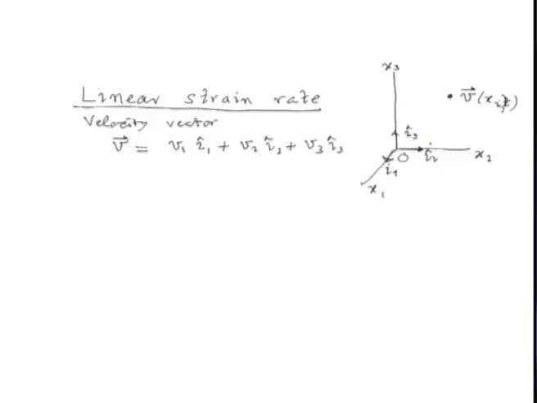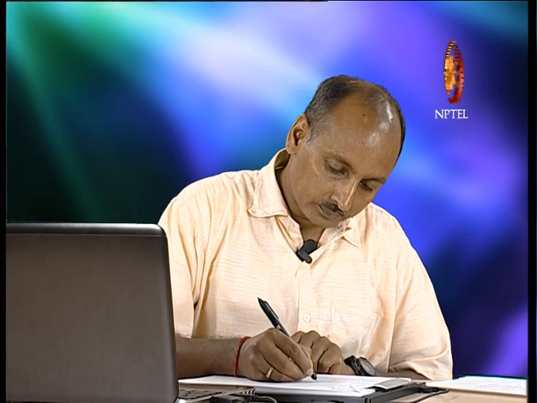Let us just define the rate of linear strain in one direction. Let us choose x1 direction, and suppose we take a very simple linear element. So, let us choose a small linear element of an infinitesimal length delta x1.